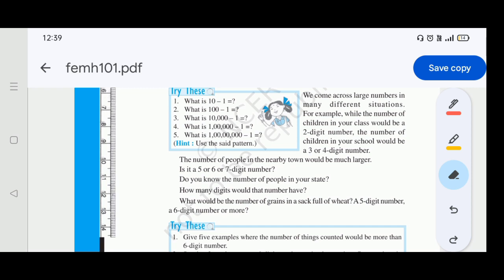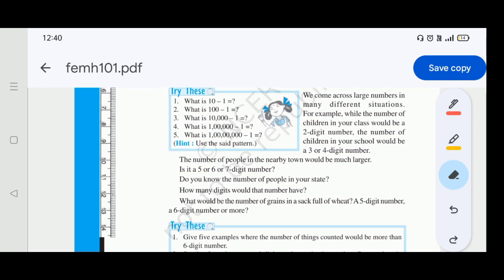Is it a 5 or 6 or 7-digit number? Do you know the number of people in your state? How many digits would that number have? What would be the number of grains in a sack full of wheat? A 5-digit number, a 6-digit number, or more?